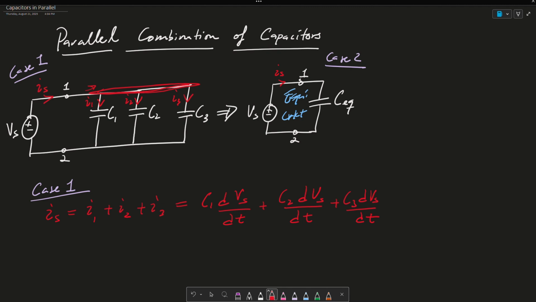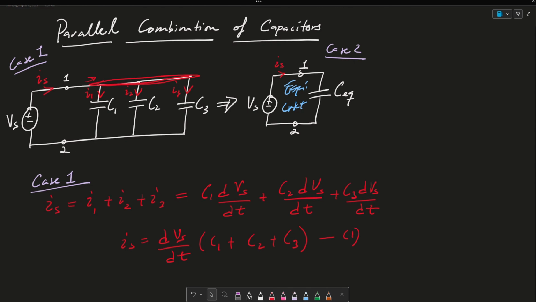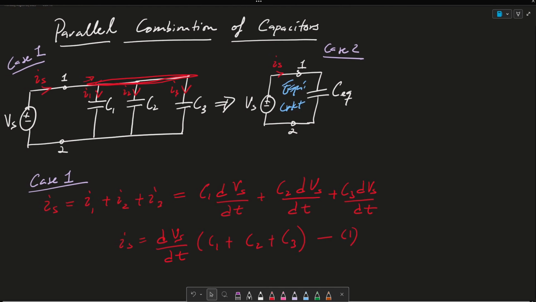We can then say that Is is equal to, I'm going to pull out a dVs over dt, and I'm left with C1 plus C2 plus C3. Let me call this equation 1. Okay, so this Is from case 1 is equal to this formula, right?